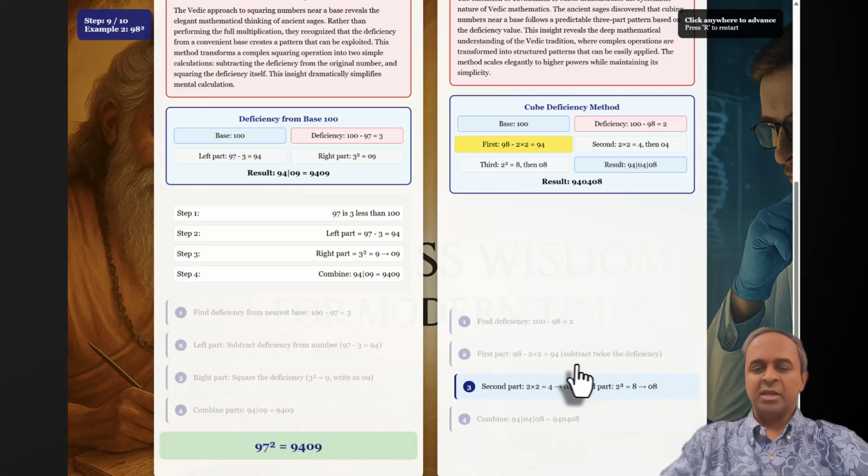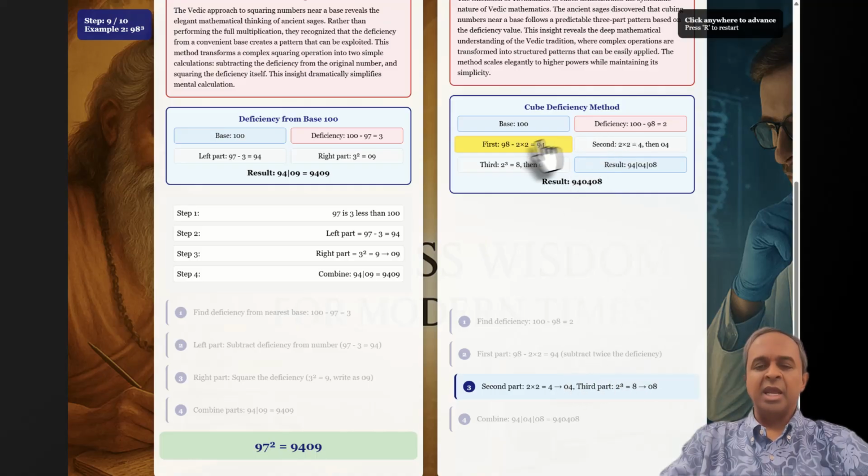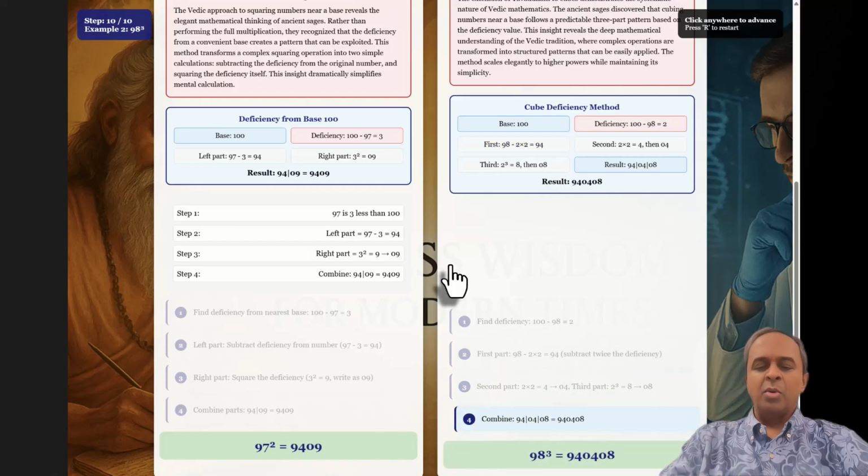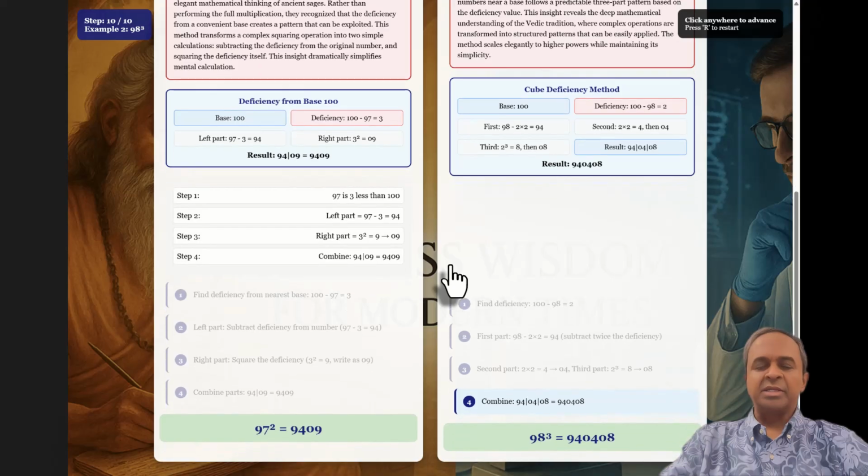As you can see, 98 minus 2 times 2 is 94. The next step: you know the deficiency is 2, so on the right side you do the cube of 2. 2 times 2 times 2 is 8, so you have 08.